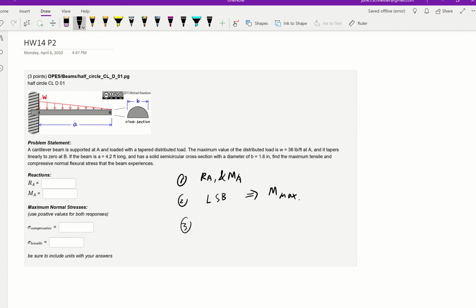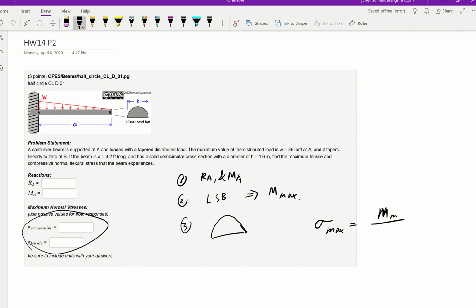And then the next thing I want to focus on is the compressive stress and the tensile stress. And this cross section, obviously, is a semicircle. Now we know for the semicircle, in order to find our bending stress, sigma maximum equals My over I, right?